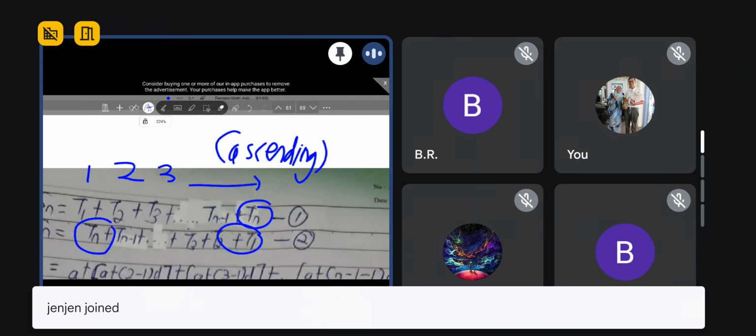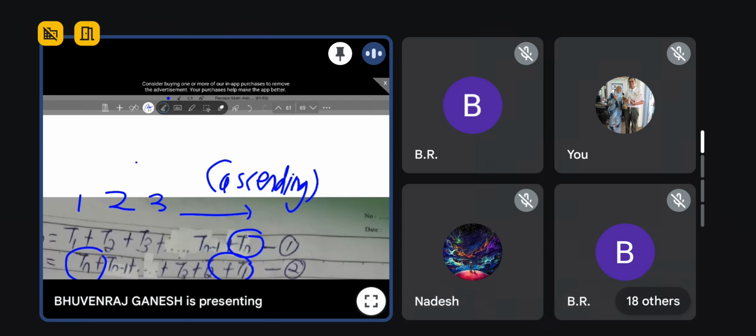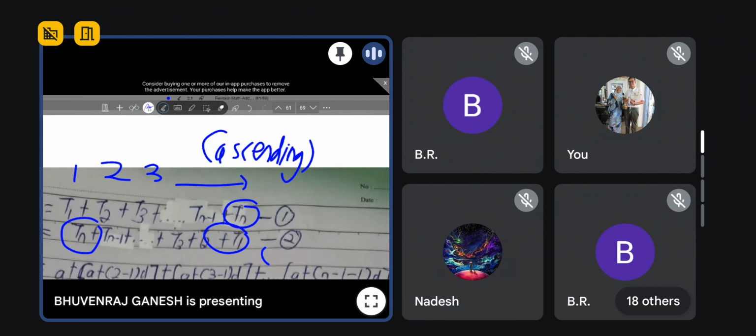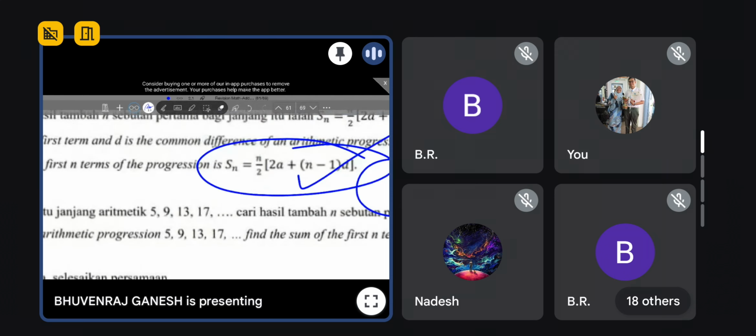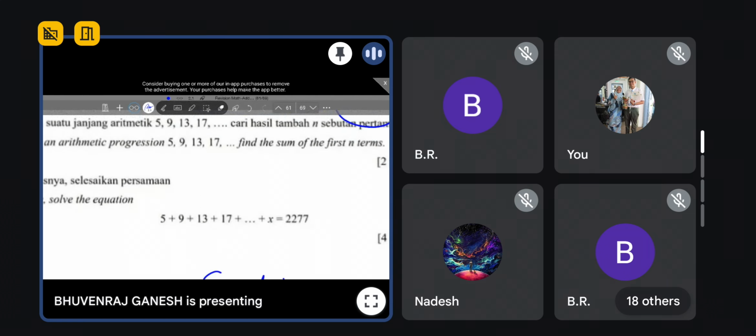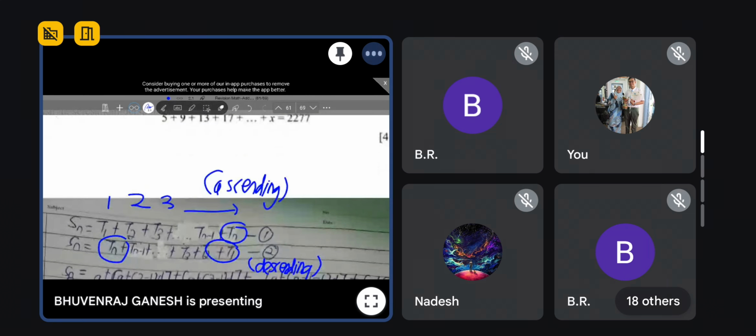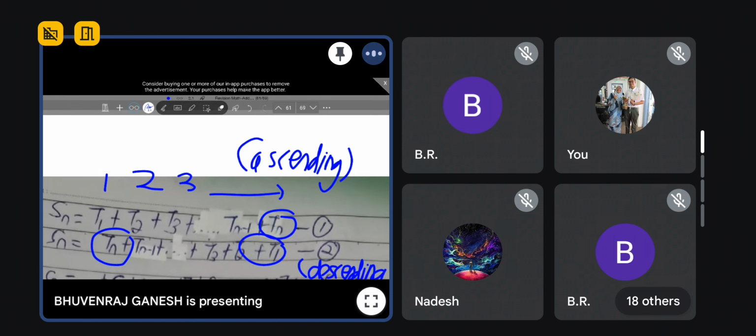So these are the two pieces of information that should come to your mind: arrange in ascending and also descending order. Okay, guys, can you get my point here? These are the first two steps you must do. Always remember, when you see you must prove this formula, straight away write these two steps. Then it will be easy for you already.